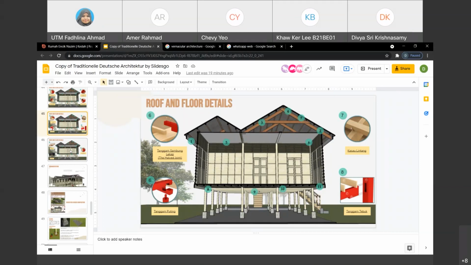What I mean is, where is it? Is it on the ventilation? No. That one is showing the beam and sub beam, the connection between beam and sub beam.